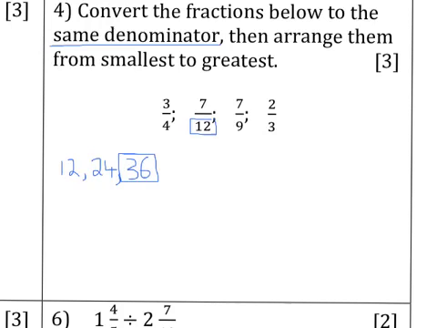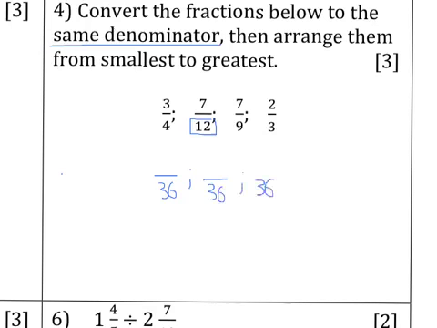So then what I do, I'm just going to give myself a little bit more space over here, is I'll actually rewrite the fractions with a denominator of 36. So I'm just going to have them all with a denominator of 36, and a little bit messy, but space is a little bit tight over here.